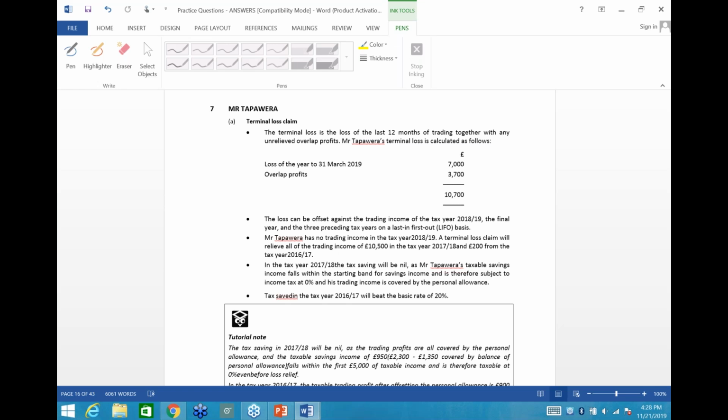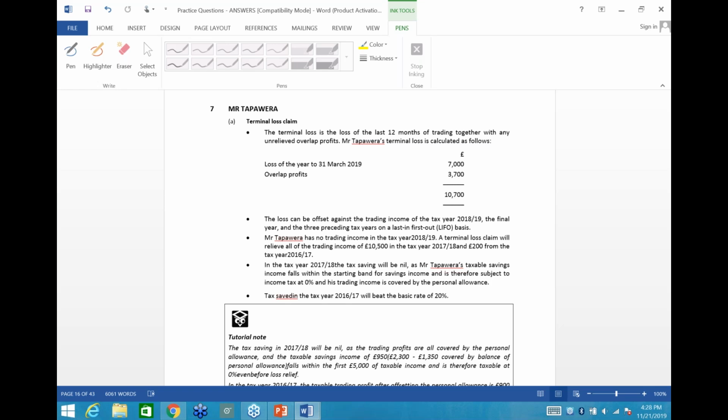The tax-adjusted trading profit and loss of the business up to cessation have been: year to 31st March 2016, 8,000; year to 31st March 2017, 12,750; year to 31st March 2018, 10,500; year to 31st March 2019, 7,000 a loss.